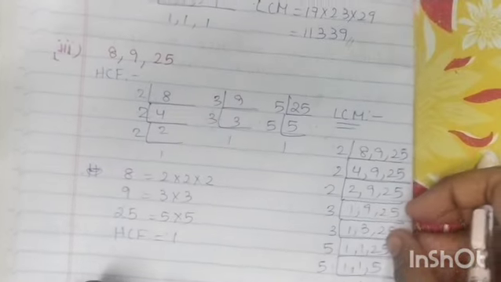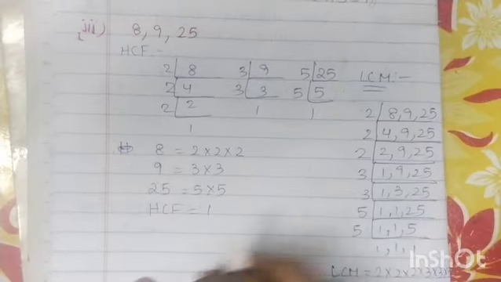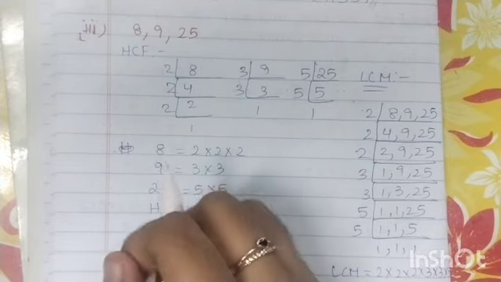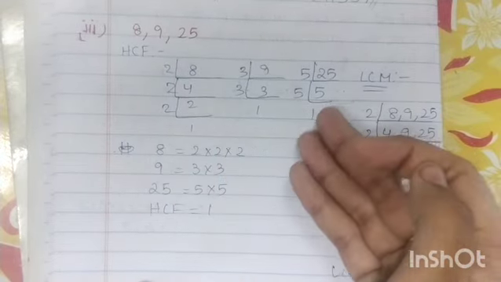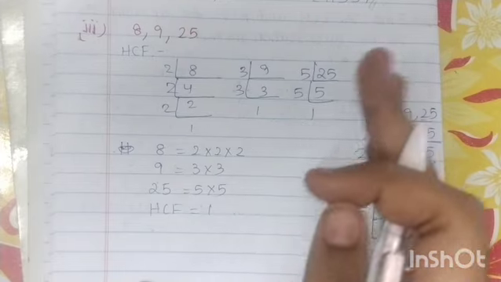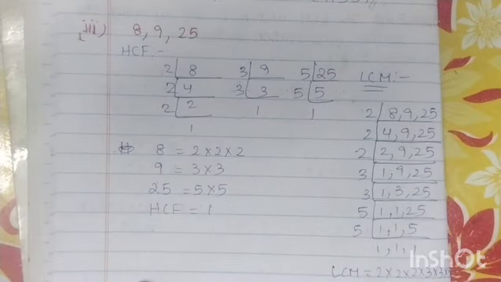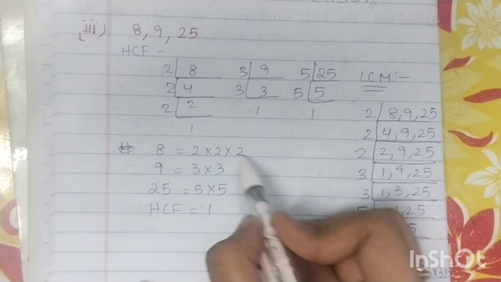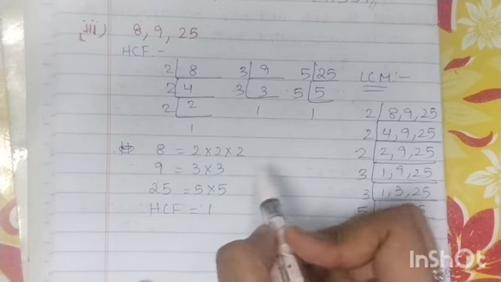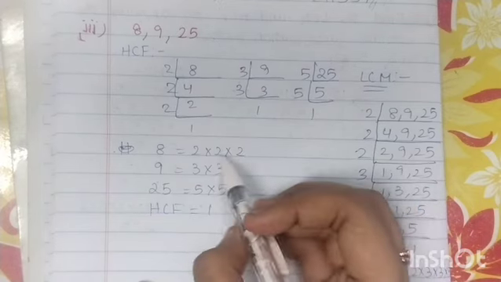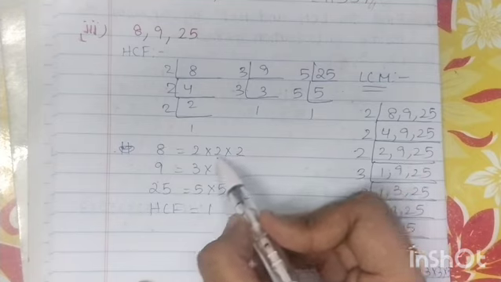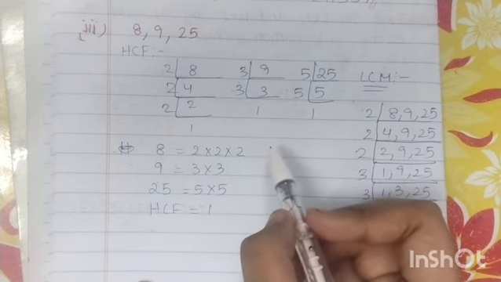Clear? Moving on to the last sum: 8, 9 and 25. I'll be doing separate prime factorization in terms of HCF. After this, I'll write the prime factors and group them. But here also there is no common factor, right?